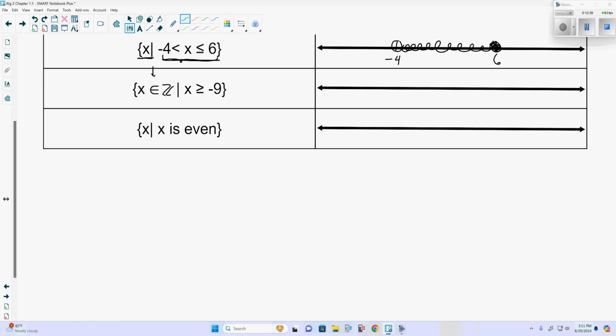Because we had our different ones now, there isn't technically one for the whole numbers, but we could use the W with an extra line. And we're just saying x is an element of the integers such that x is greater than or equal to -9. So we can name a different number group. So we could have said that x is an element of the rational numbers such that x is greater than or equal to -9. We could use any of these here. Questions on these here?